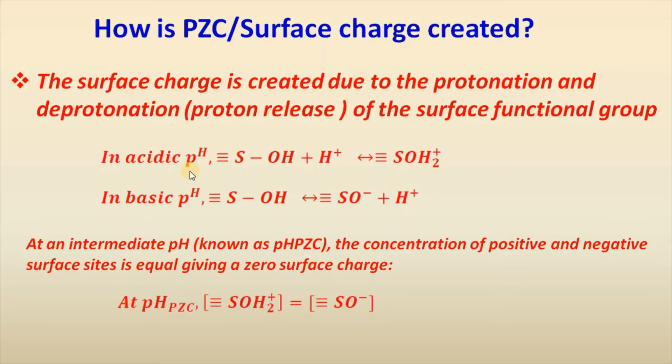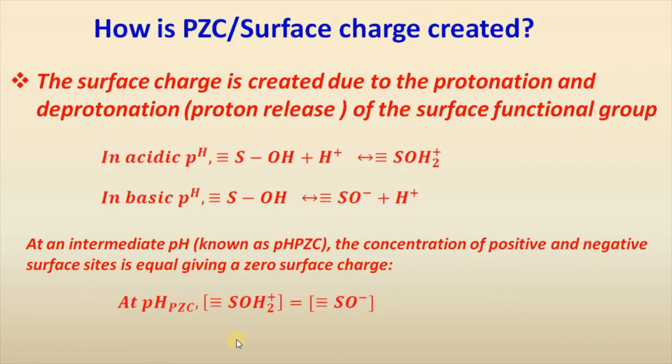Here I have shown at low pH or acidic pH, the surface accepts a proton to become positively charged surface. On the other hand, at higher pH or basic pH, the surface loses a proton to become a negatively charged surface.